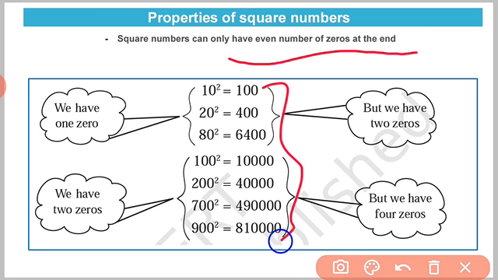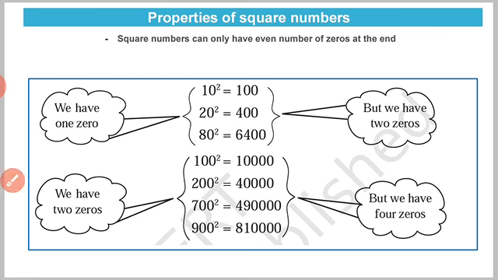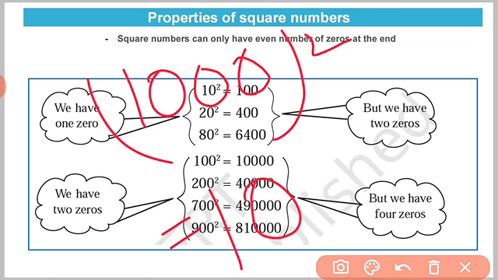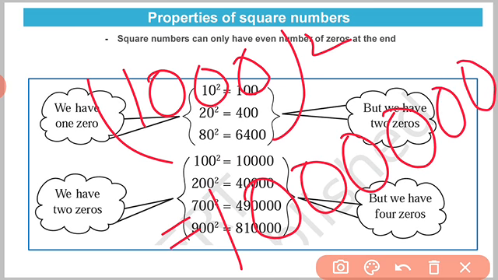All the square numbers are having an even number of zeros at the end. So suppose if I do a square of 1000, how many zeros will be there in the square number? There will be exactly 2 times, that is 6 zeros in the square number.